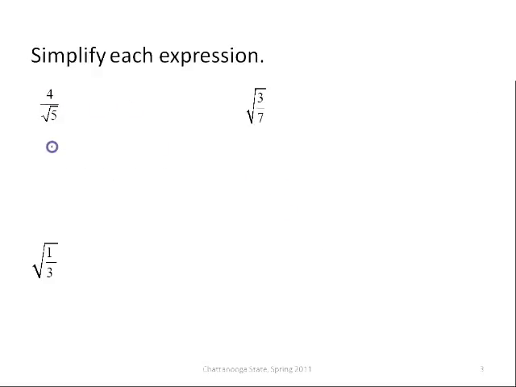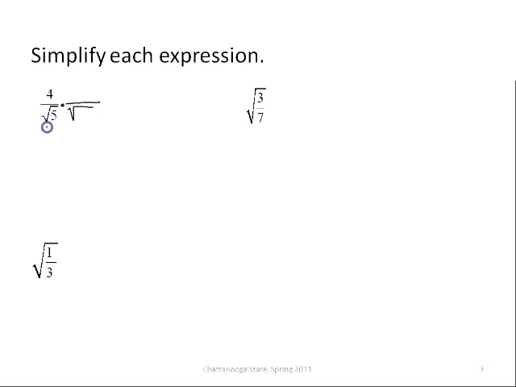4 over the square root of 5. Here, the 5 is under a radical, and 5 is not a perfect square. So our job is to get this denominator to have a perfect square under the radical.